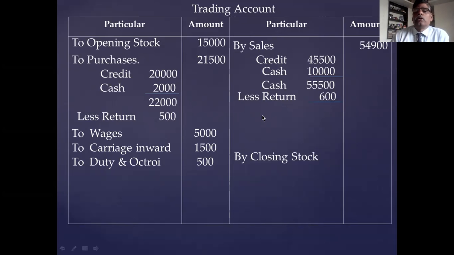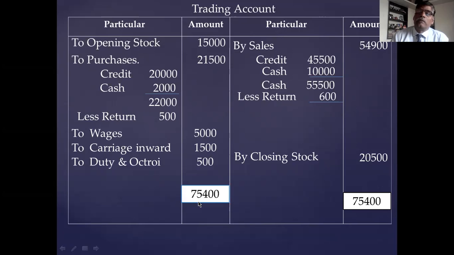Clear? Then you take the closing stock. Closing stock is 20,500 in the adjustment, in the last adjustment. You take it. Then close the account. Credit side total is 75,400. You take the same to the debit side, and then the difference is 31,900.